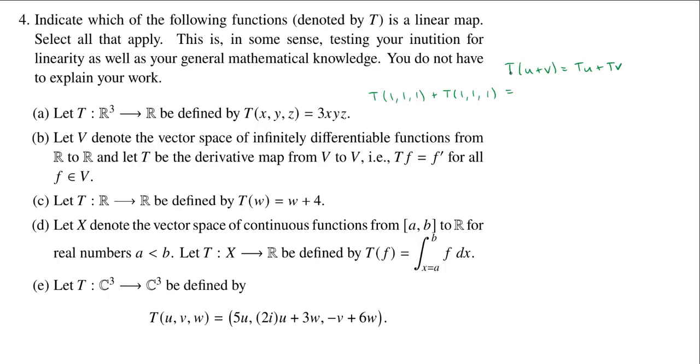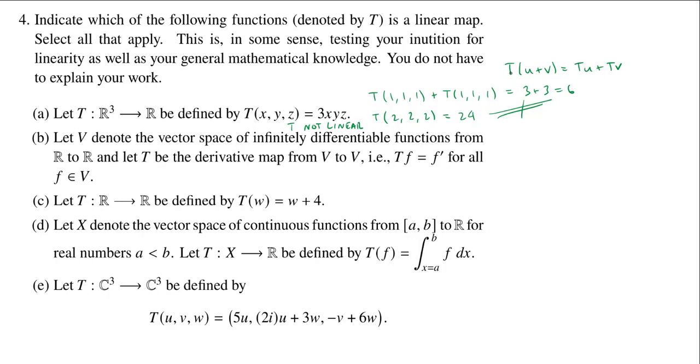So this would just be 3 plus 3, which is 6. But if I add (1,1,1) and (1,1,1) together, I'll get (2,2,2). And if I apply T to that, I'm going to get 2 by 2 by 2, which is 8, by 3 is 24. Those are not the same thing. So I can't just break up T of (2,2,2) as T(1,1,1) plus T(1,1,1). So T here is not linear.